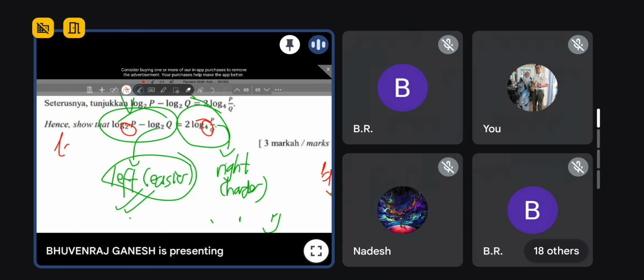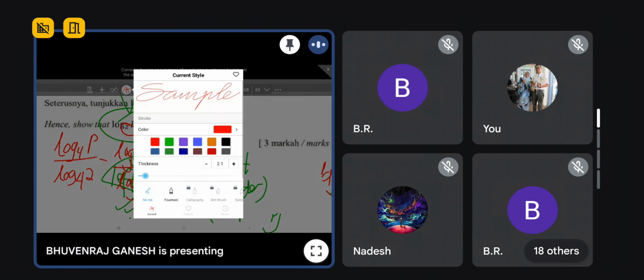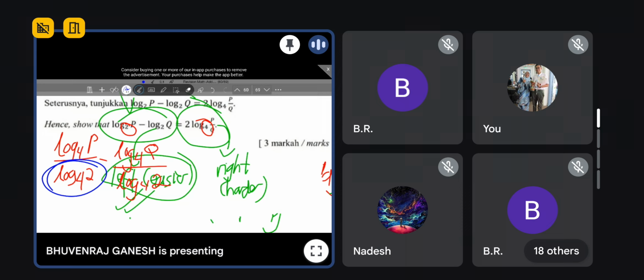So guys, when you change base, it will come something like this, based on the law. Am I right? You will get something like this. Okay. So then you will ask, what can I do to this one? Because this one look a bit weird. So guys, I can change base again. Saya boleh tukar base sekali lagi. Yes, change it to base 2.